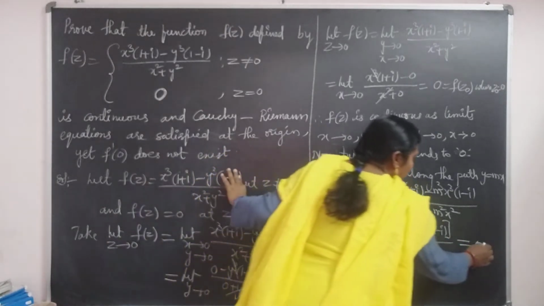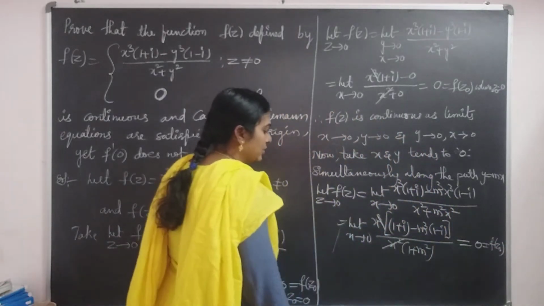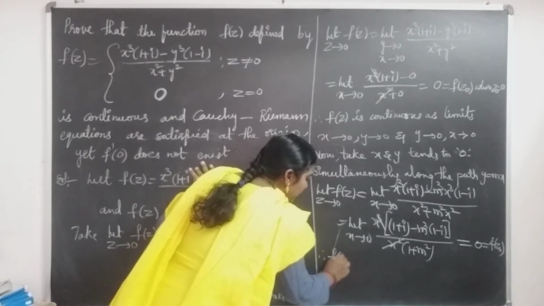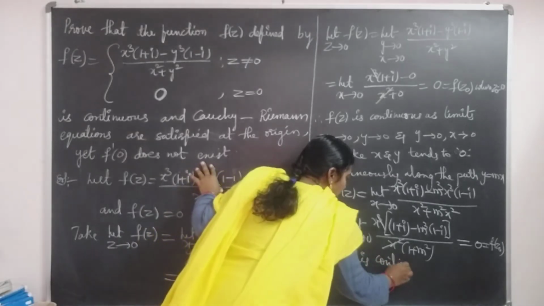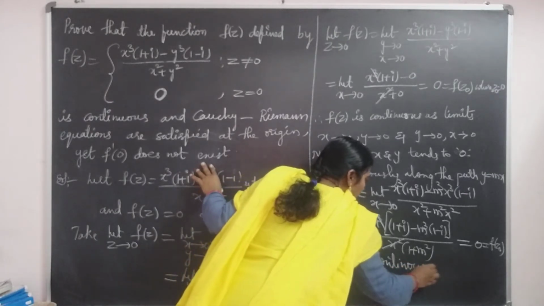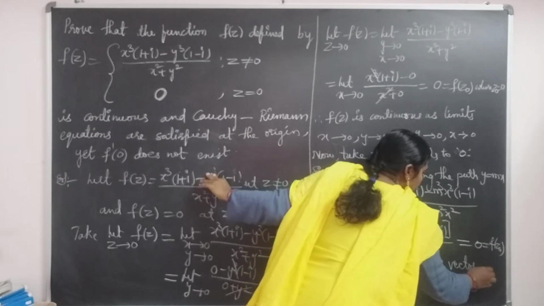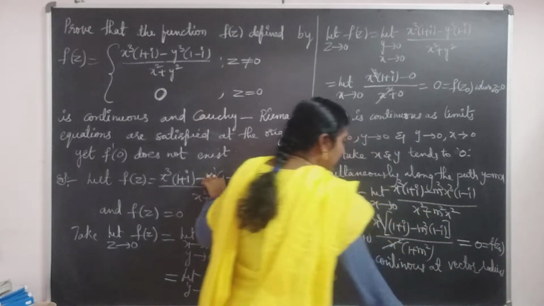It is equal to f of z naught, where z naught equal to 0. Therefore f of z is continuous along the radius vector also.